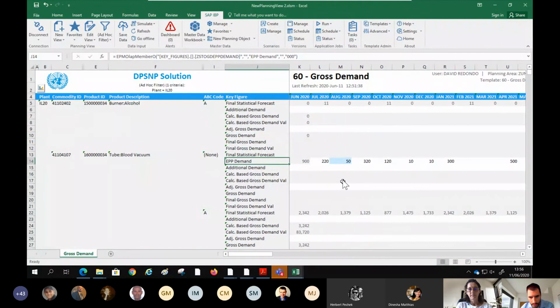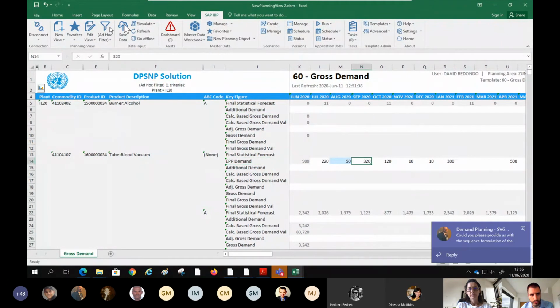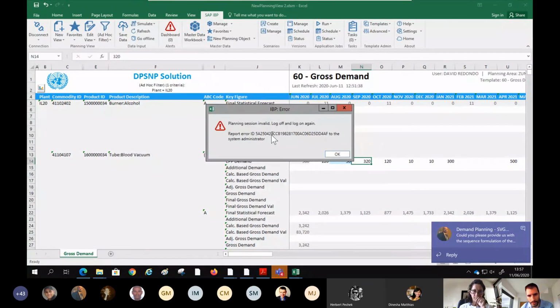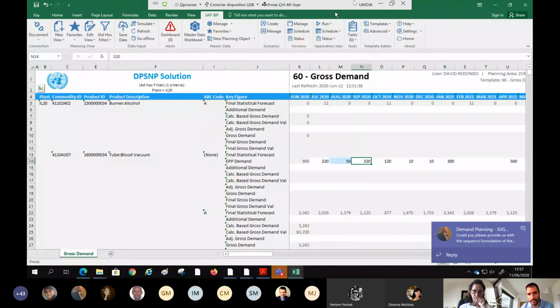It is not the same error I got in the previous screenshot, but it was telling that EPP data cannot be modified and you have to go to the template 40. So this is confirmed, Dinesha.